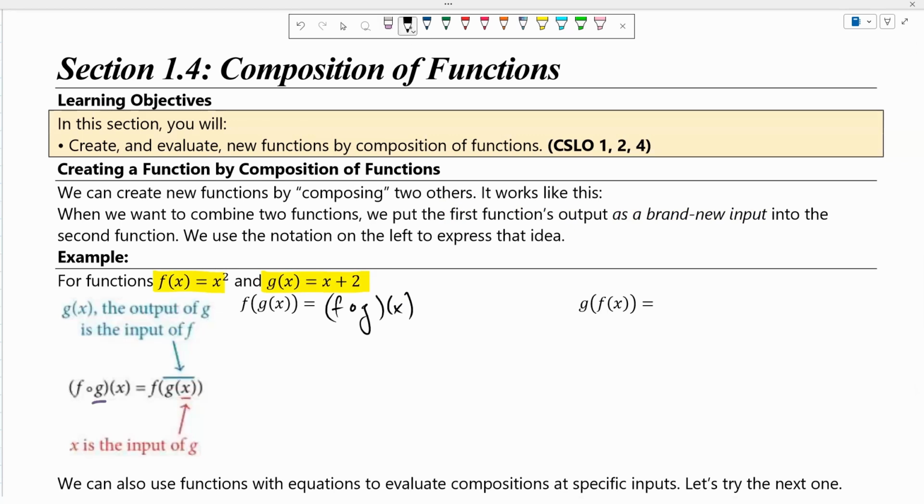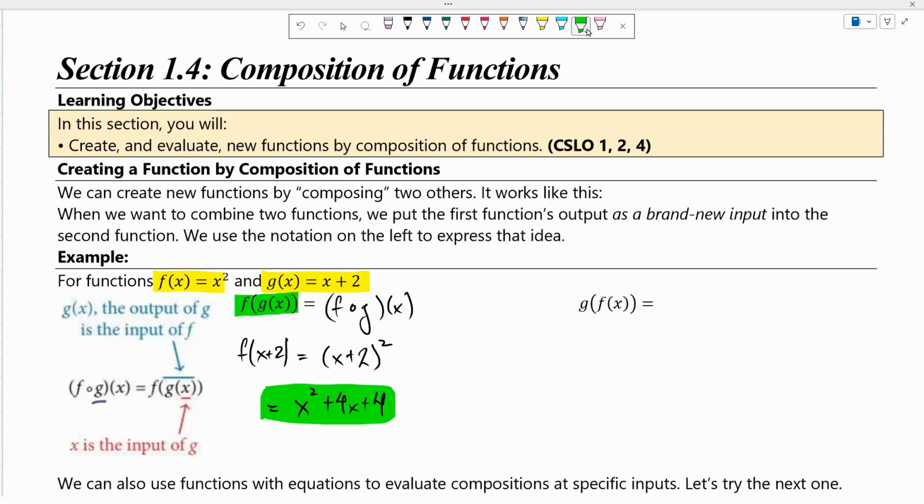This is f of g, so I put x plus 2 everywhere I see x in f of x. So this is (x plus 2) quantity squared. If I expand this out, this is x squared plus 4x plus 4. Done. This is a combination of f and g in this particular way.